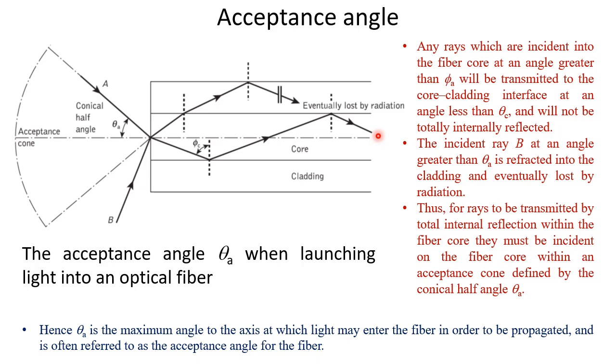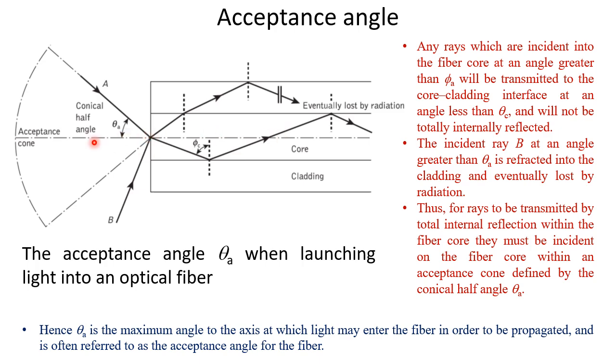So what we have seen is that we have an acceptance cone, with conical half angle of theta A, from where if we try to insert the light inside the fiber, that particular light will be carried by the core.